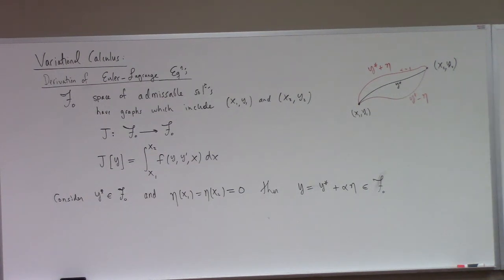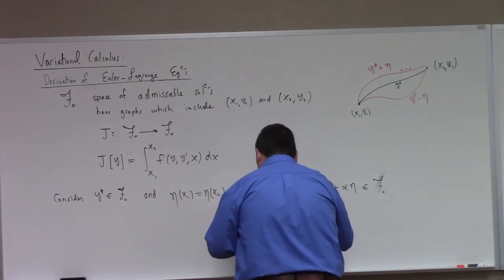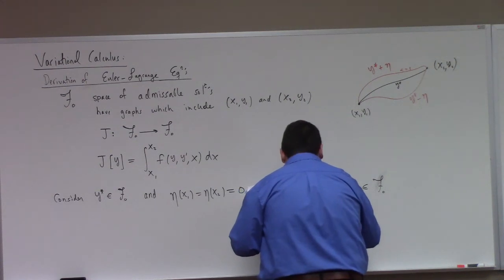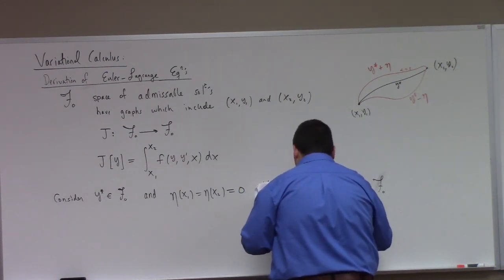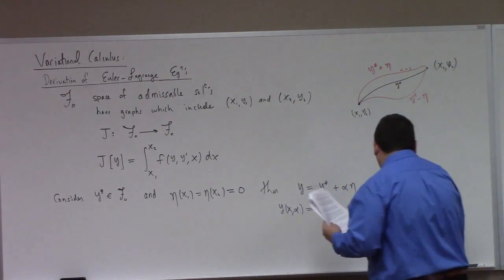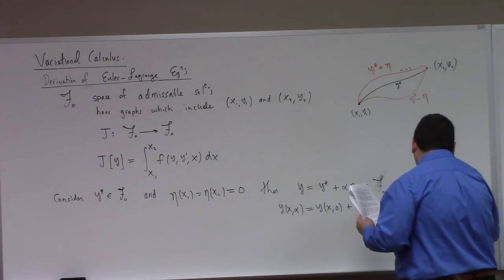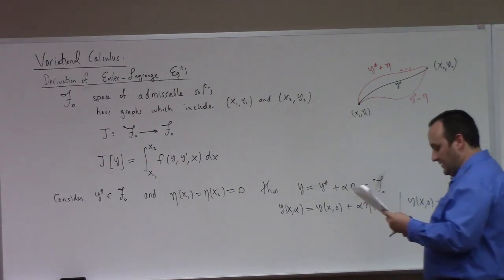Okay, so the notation, to be more precise here, is that y of x comma alpha is equal to y of x comma 0 plus alpha eta of x. There's the dependence. Here we're supposing that y of x comma 0 is that y star that I picked at the beginning.